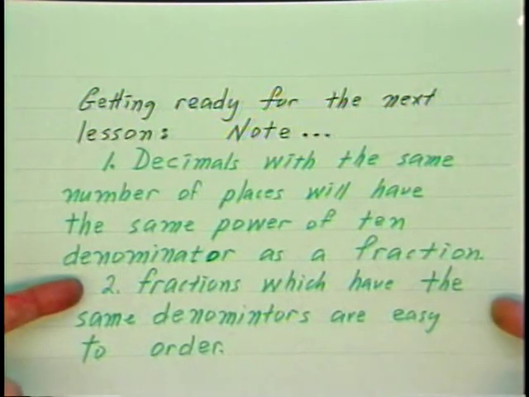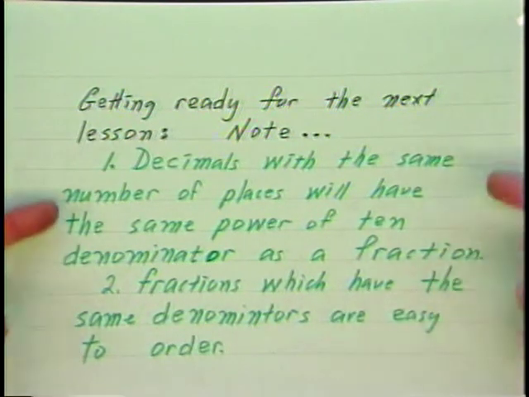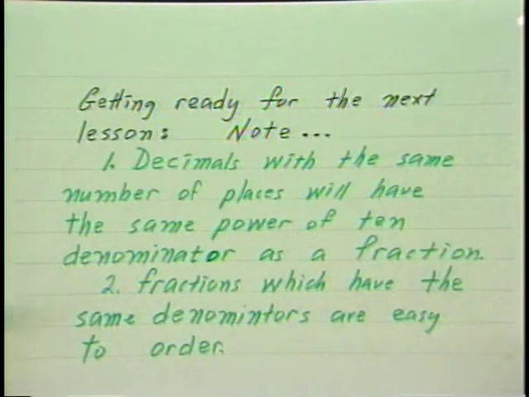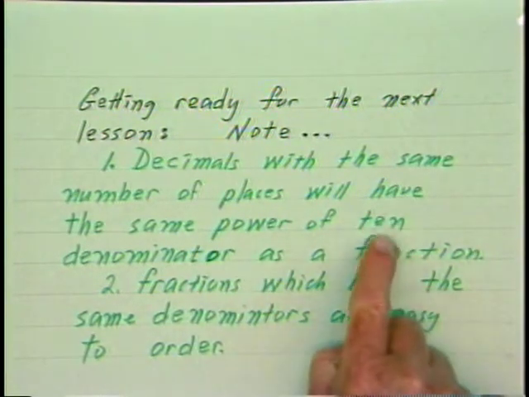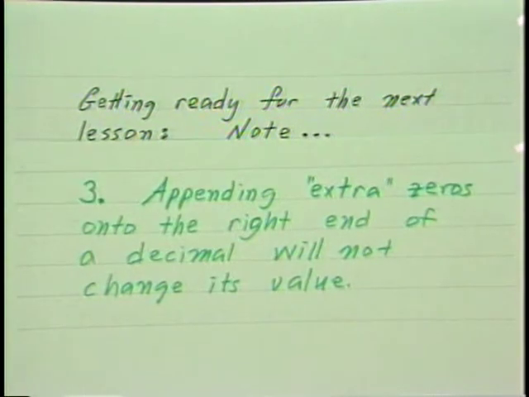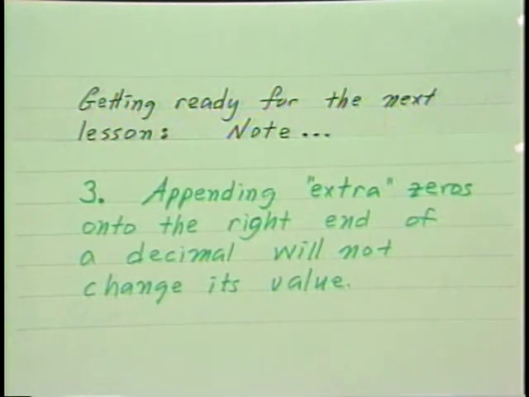That fractions which have the same denominators are easy to order, and decimals which have the same number of places will have the same denominator. In fact, let's add a third note. Appending extra zeros onto the right end of a decimal will not change its value.